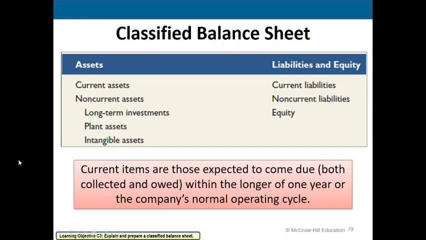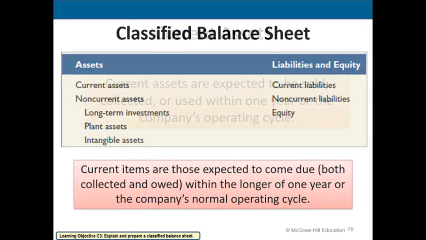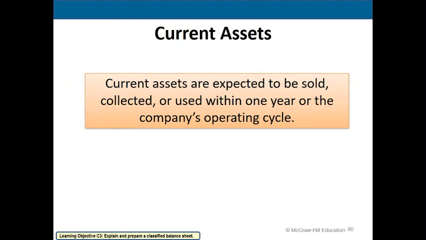But most companies have an operating cycle of less than 1 year, so you could read that as current items are those expected to come due, both collected and owed, within 1 year. So current assets would be those assets that you're going to utilize within the next year, and current liabilities are obligations that you're going to pay or satisfy within the next year.